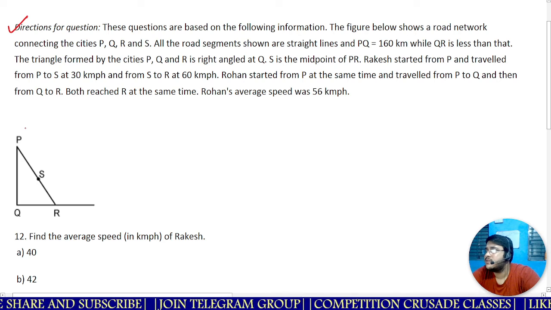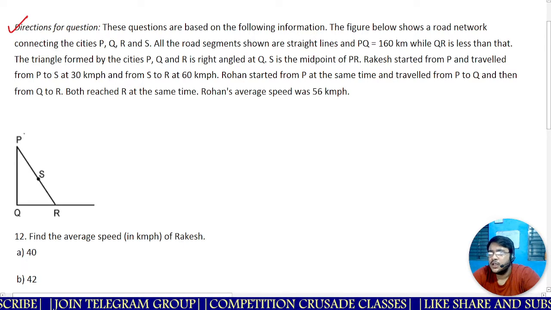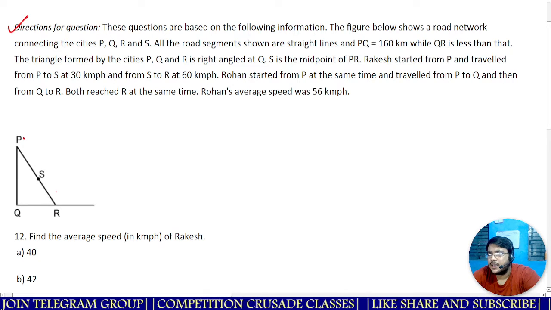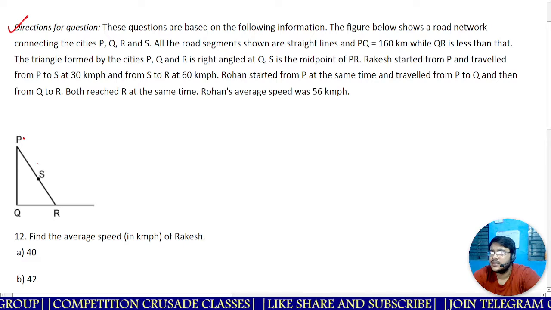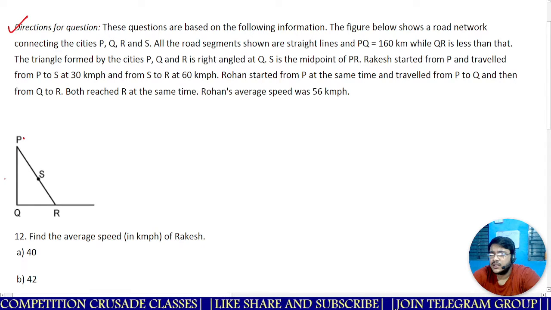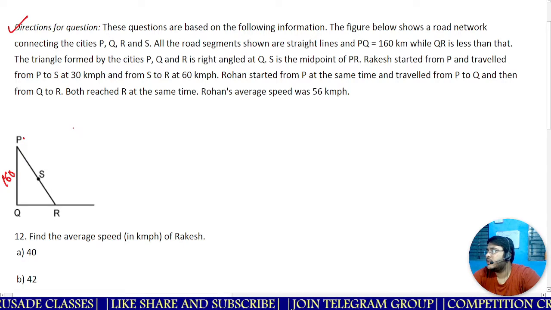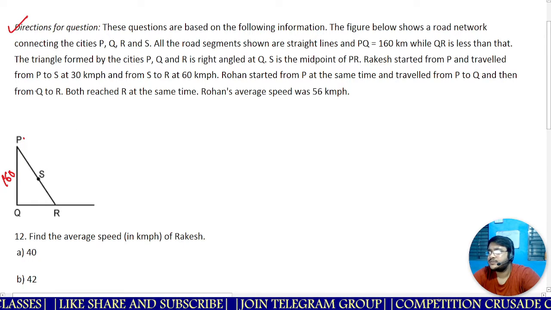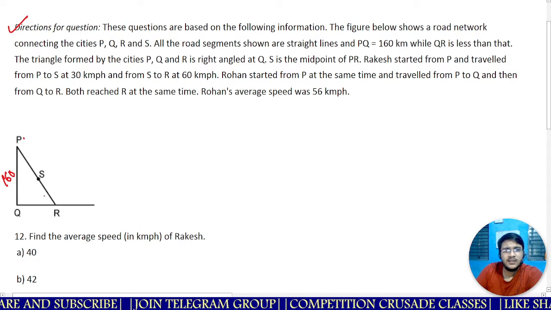The question says the figure below shows a road network connecting cities P, Q, R and S. All the road segments shown are straight lines. PQ is equal to 160 kilometers, while QR is less than that. So I need to understand that this length is less than 160.